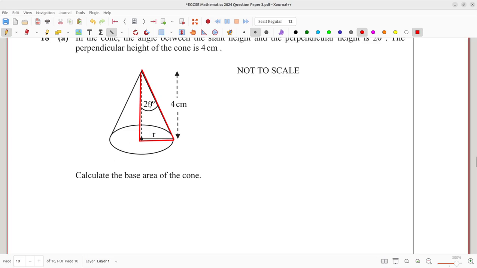So we have your opposite and adjacent. So it's tan. So your tan 20 is equals to the opposite is r over the adjacent, it's 4. So r, which is the radius, is equals to 4 tan 20.